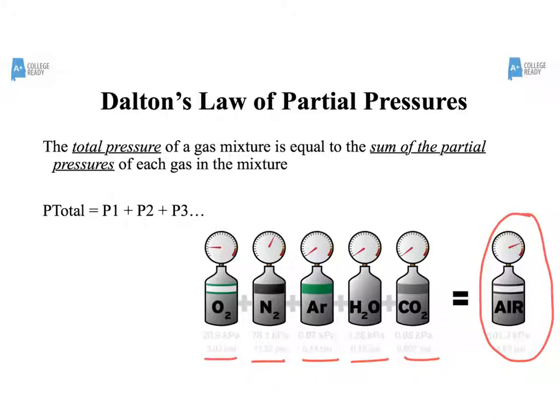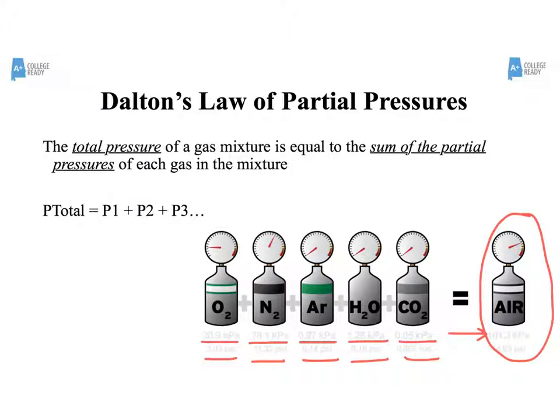If we want to know what is the pressure of the air in the container, well, it's equal to the sum of the partial pressures. So the partial pressure of the oxygen plus the partial pressure of the nitrogen plus the partial pressure of the argon plus the partial pressure of the water vapor, and all of that, add them all together, and that gives you the total pressure in the system.